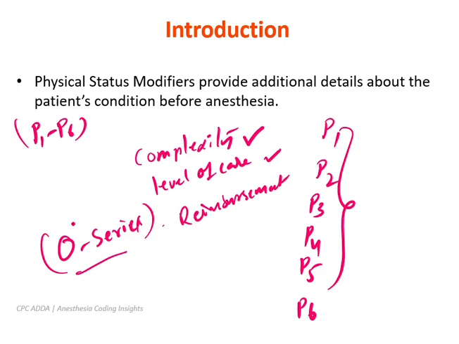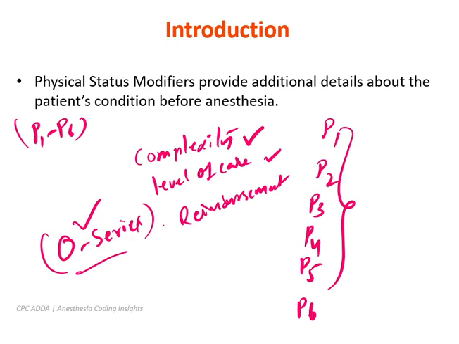So in the exam, if you find these modifiers with any other series of codes, then you can directly select that as a wrong answer. Let's see the physical status modifiers one by one.